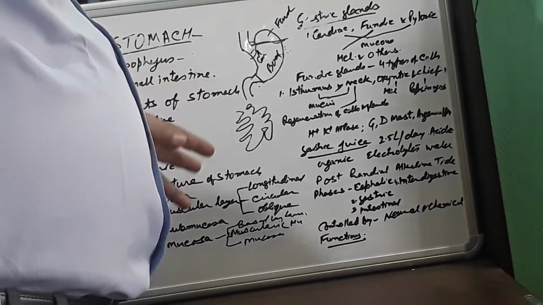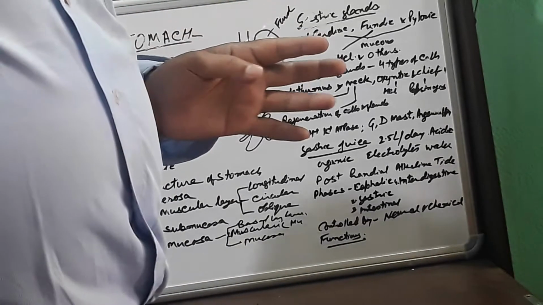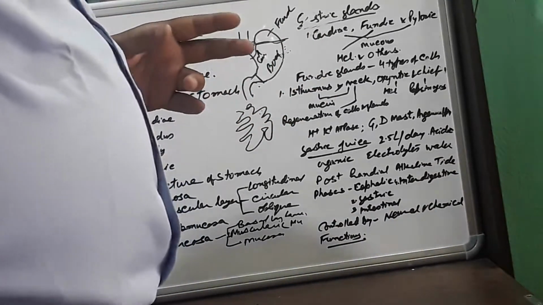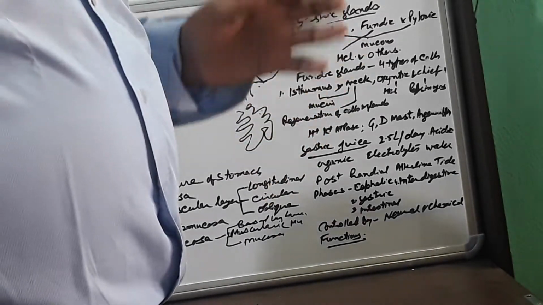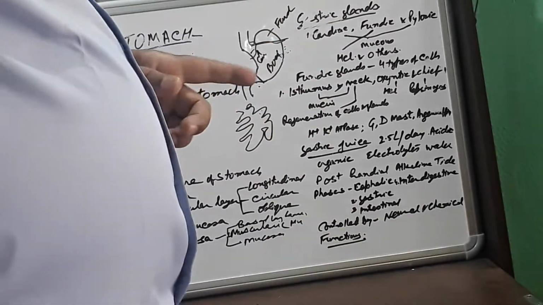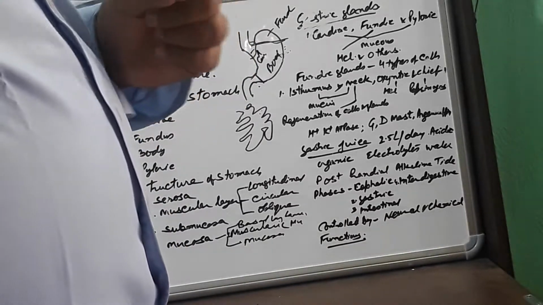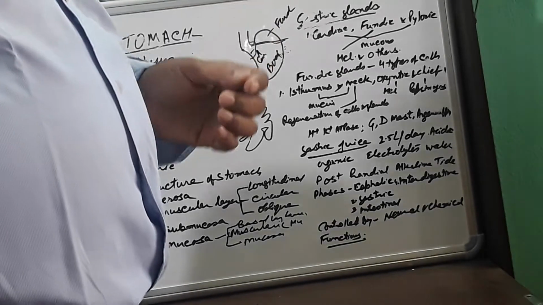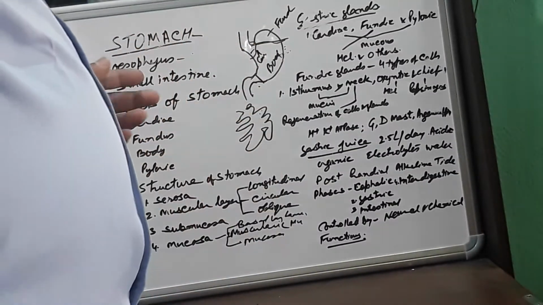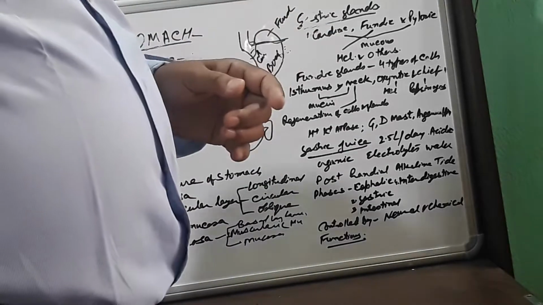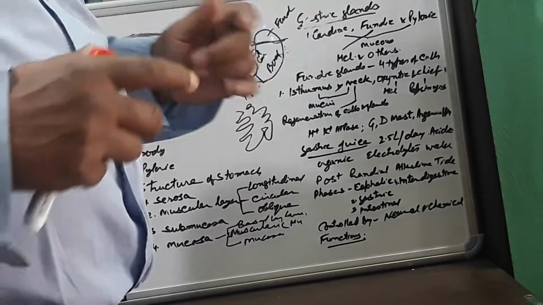Then submucosa and mucosa. The mucosa, as usual, has three layers: lamina propria, muscularis mucosae, and the epithelium. The characteristic feature of the mucosa is that it is thick and covered with visible mucus, and it is folded so that when food comes into the stomach, it can be stretched.